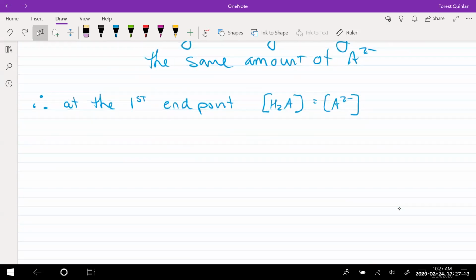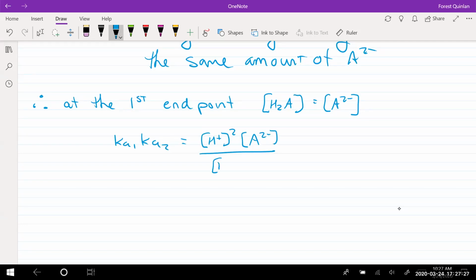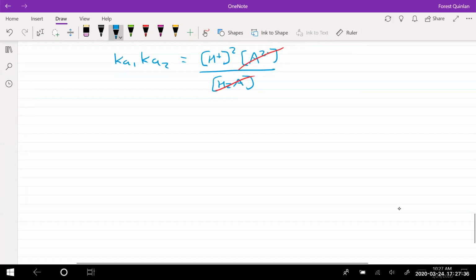If that's the case, then Ka1 times Ka2 equals the concentration of H plus squared times the concentration of A2 minus all over the concentration of H2A. Those two go away. So we are now left with Ka1 Ka2 is equal to the concentration of H plus squared.